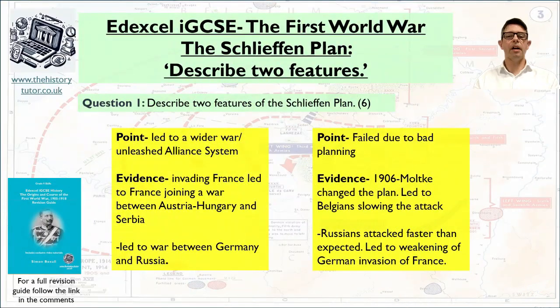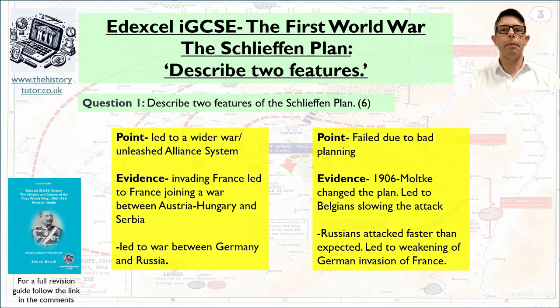Okay, so here's my first point then. Of course, the Schlieffen Plan led to a wider war. It unleashed the alliance system. What could have been a war between Russia, Austria-Hungary and Serbia, or even maybe just Austria-Hungary and Serbia, the Germans turned into a wider European war by attacking Russia, but particularly France. So the evidence of this, of course, is that Schlieffen Plan led to the invading of France.